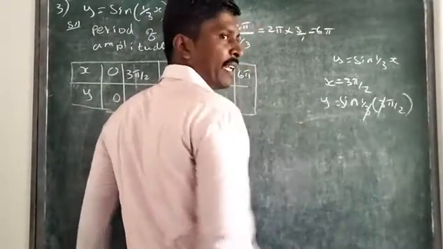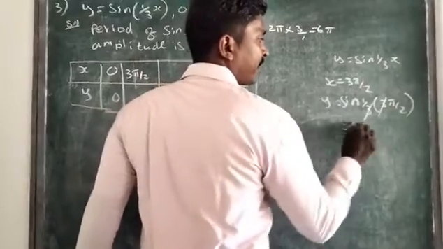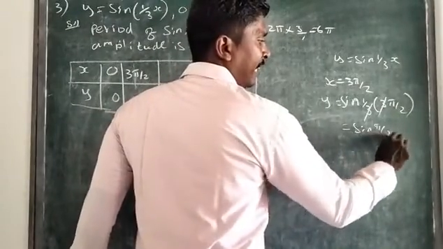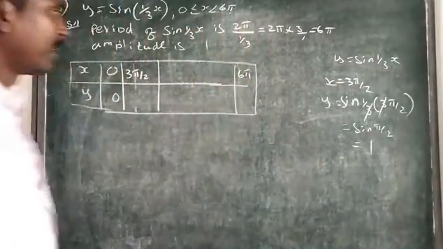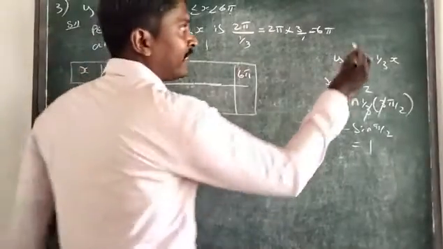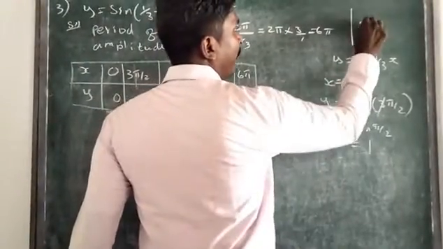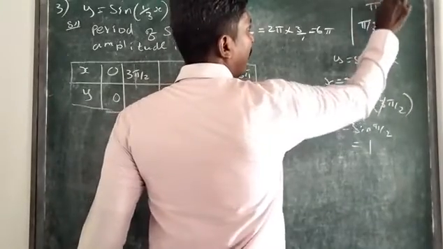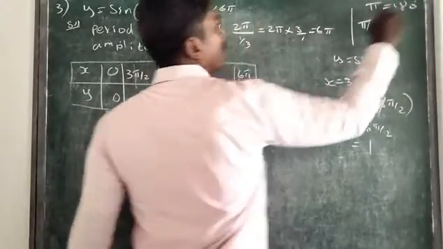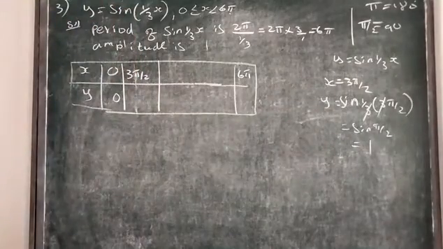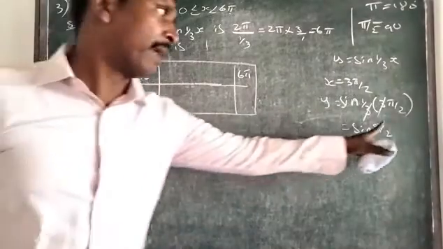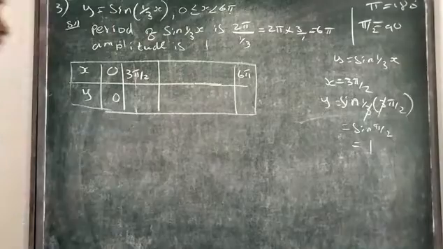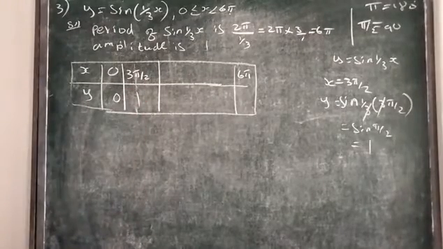So the 3 cancels, and we have sin(pi by 2). Sin(pi by 2) value is 1. Pi by 2 is 90 degrees, that's important. Here 1 pi represents 180 degrees, so pi by 2 becomes 90 degrees. So sin(pi by 2) or sin 90 degrees is 1. The y value is equal to 1.